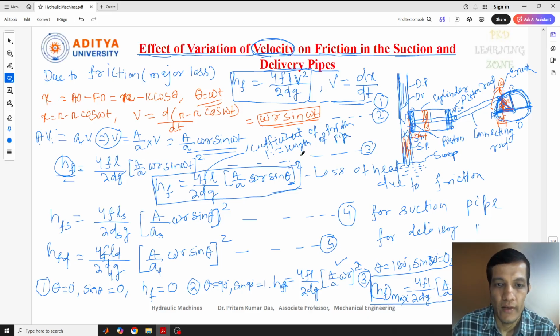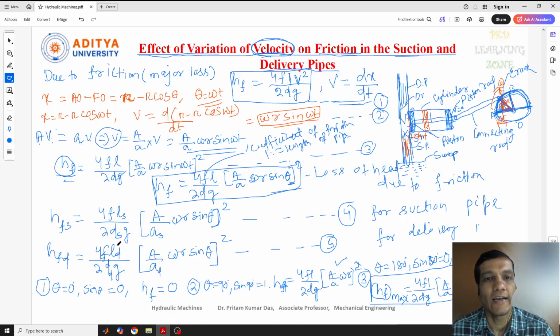V is the velocity in the pipe, and D is the diameter of the pipe. The diameter can vary: this is the suction diameter, this is the delivery diameter. Similarly, area of the suction, area of the delivery, length of the suction, and length of the delivery. I hope you understand this effect of variation of velocity on friction in the suction and delivery pipes.